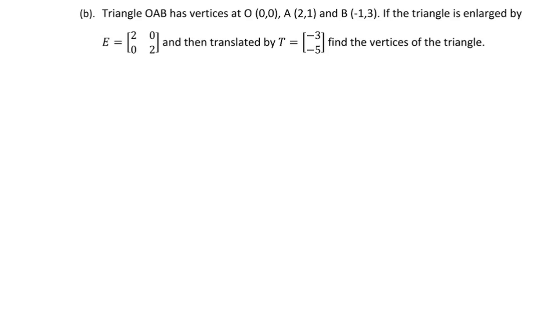If the triangle is enlarged by E equals 2, 0, 0, 2, and then translated by T equals -3, -5, find the vertices of the triangle. Okay, so let us just have the given points. So we have point O, 0, 0, point A, 2, 1, point B, -1, 3.